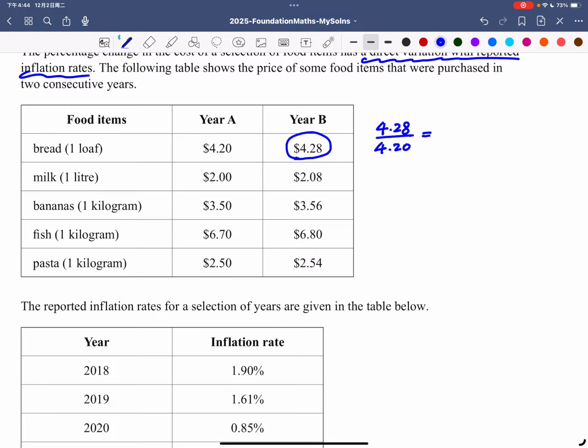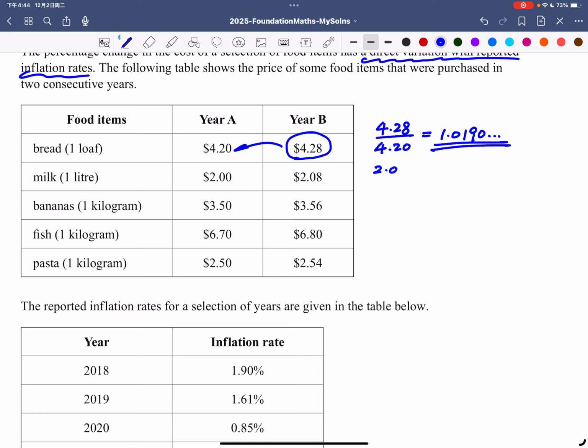From my previous working, I got 1.0190, something along this line. Well, this is calculating the new price against the old price.